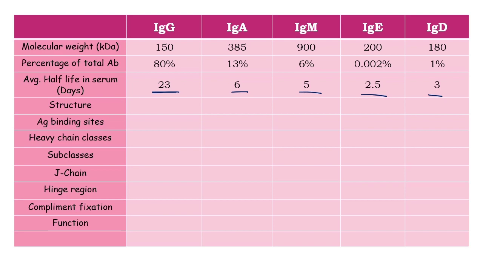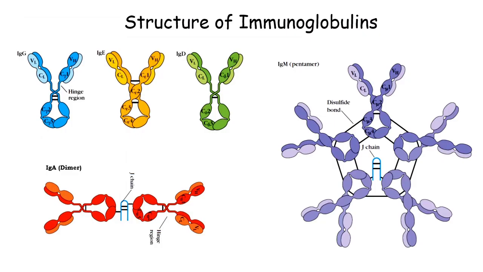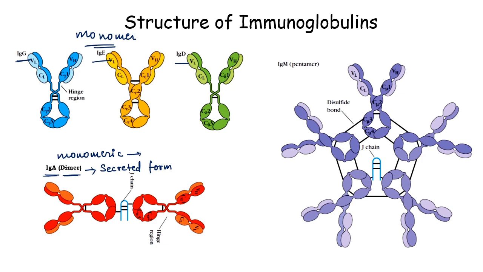Now what is the structure of these immunoglobulins? The structure which we discussed in our previous video was of a monomer. In case of IgG, IgE and IgD, there is monomeric structure. If you talk about IgA, then it is dimeric in secreted form and it also has a monomeric form, which is membrane bound.